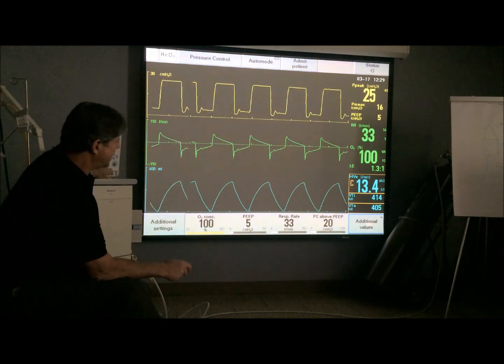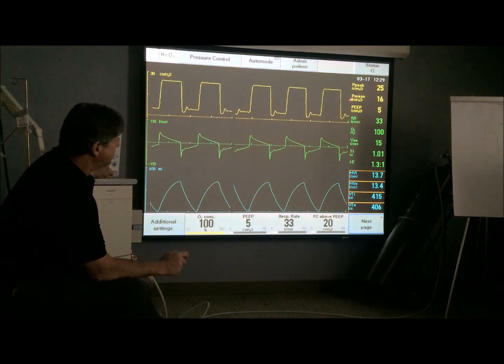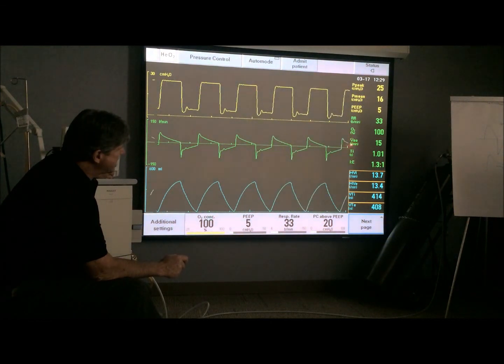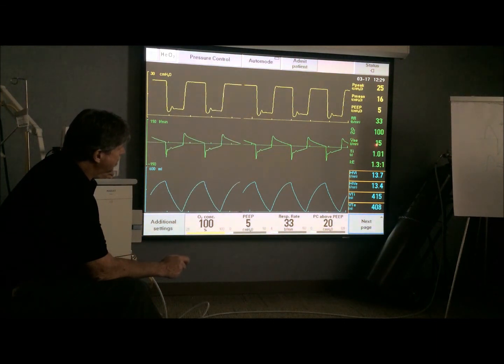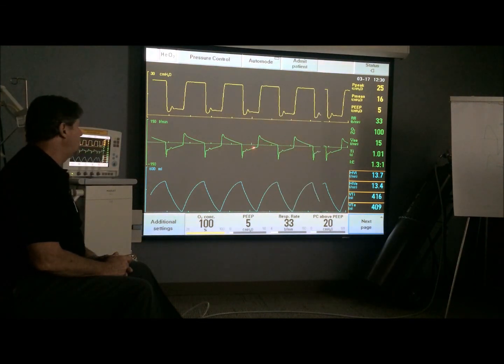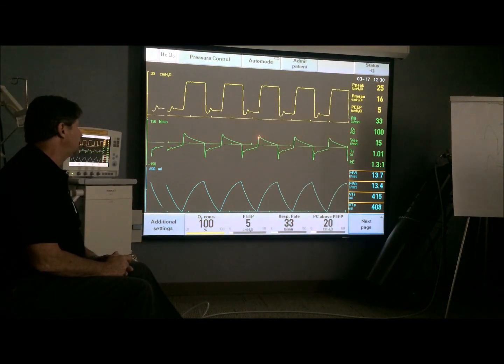So if I press the additional value key and go to the next page, if anybody's ever looked at this and wondered what it is, it says V dot EE in liters per minute. So this is flow end-expiratory. This is the amount of flow that's coming out of the lung immediately before the next breath is delivered.